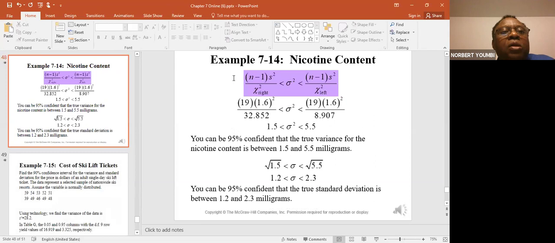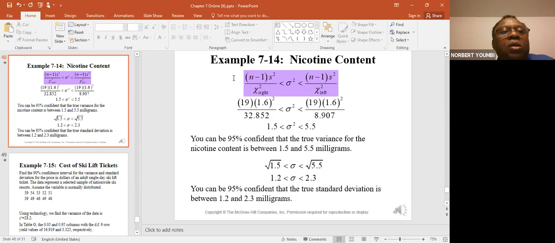So go to your table with a degree of freedom of 19, because the sample size is 20. First, we are looking for 0.975, and we will get 8.907. Under 0.975, degree of freedom of 19, you have chi-square left, 8.907. And under 0.025, degree of freedom of 19, you will get 32.852.